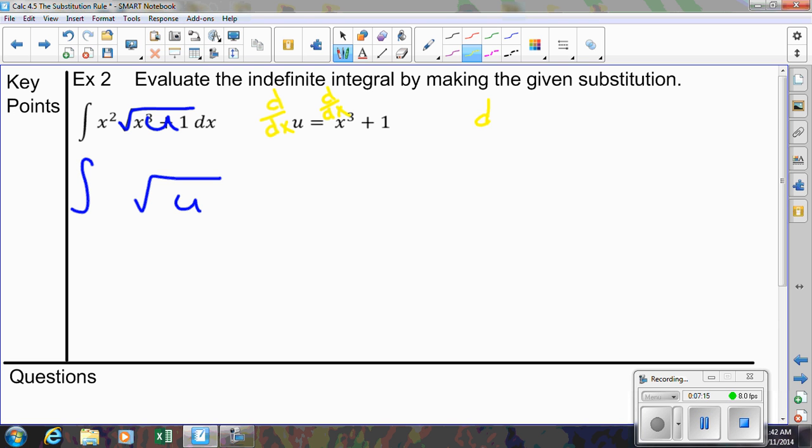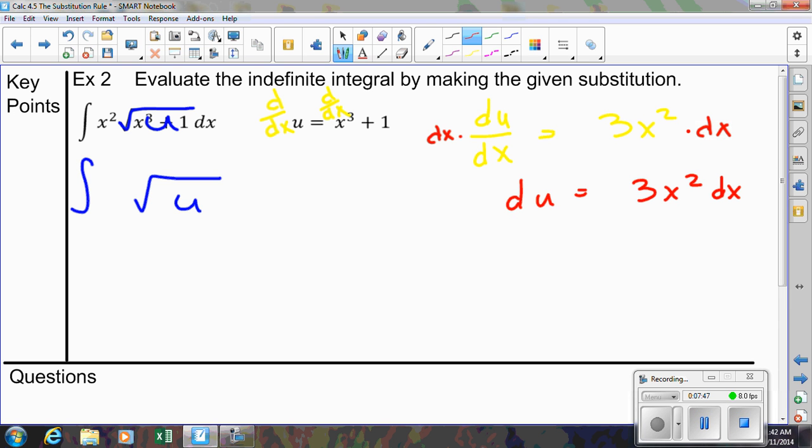That will give us du/dx equals, and what is the derivative of x cubed plus 1? 3x squared. We can note here, of course, that simply multiplying by the dx, we would have du equals 3x squared dx.